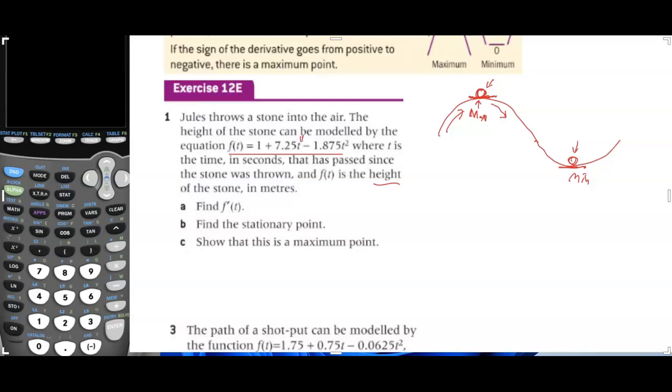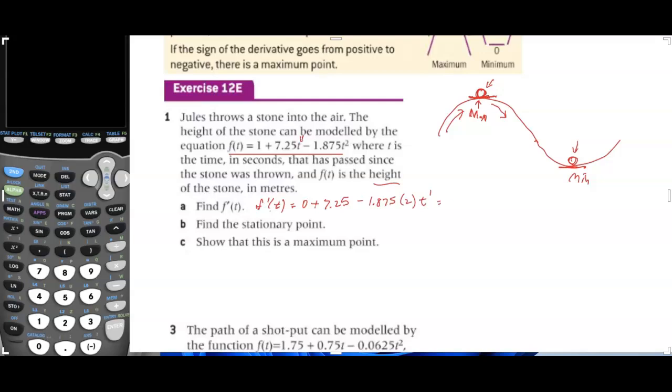So first it says find the derivative of f, f dash of t. So we just use the power rule. So what's the derivative of 1? It's 0. What's the derivative of 7.25 times t, or x? 7.25. And what is the derivative of 1.875 t squared? It would be 1.875. You just write the number again. You bring down the 2, and then you reduce the exponent 2 to 1.